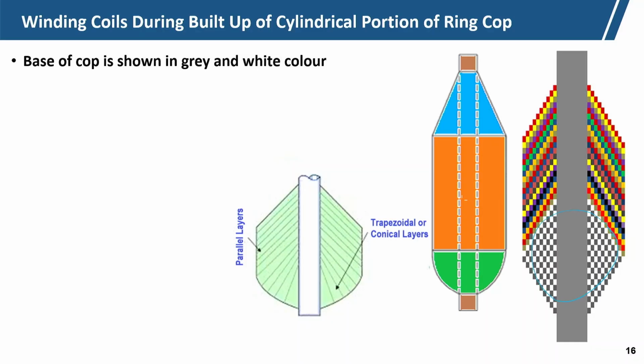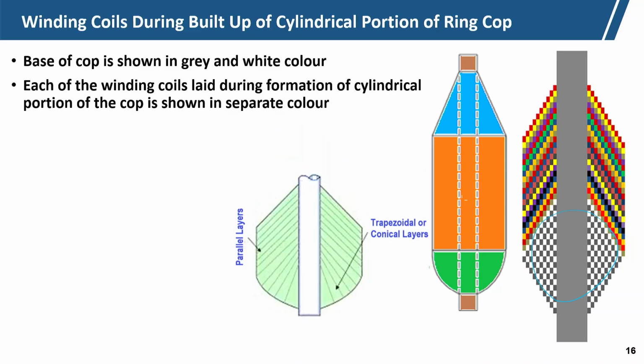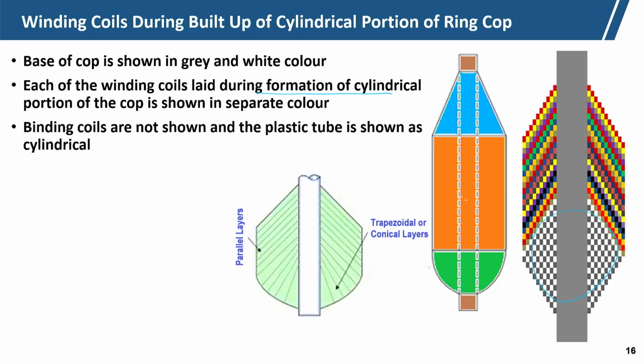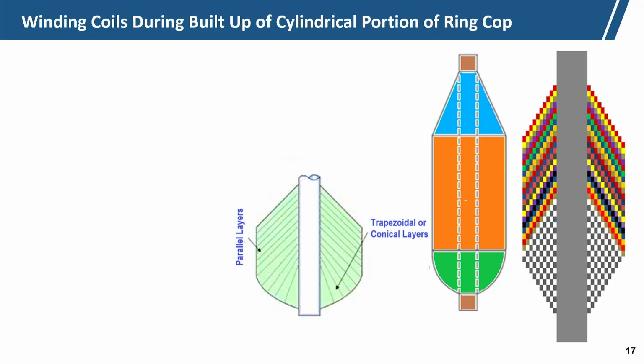This is the base of the cop. Each of the winding coils laid during the formation of the cylindrical portion is shown in separate different colors. So, they are actually forming the cylindrical layer. Binding coils are not shown. So, this is only the winding coils.